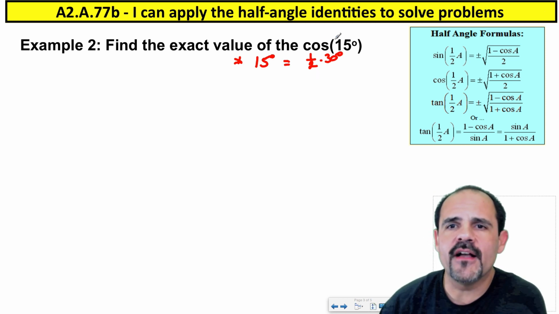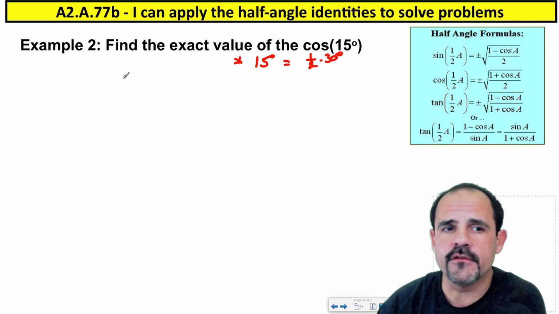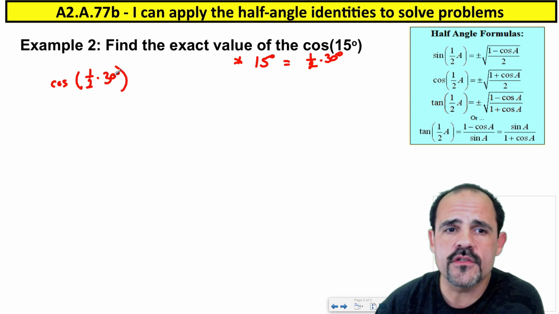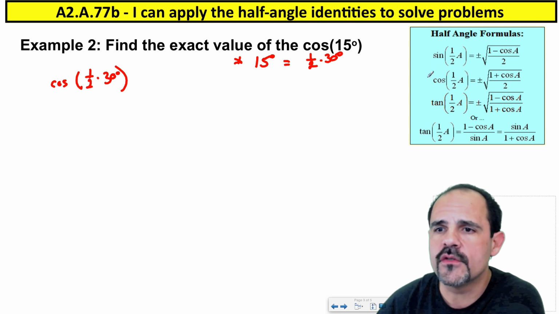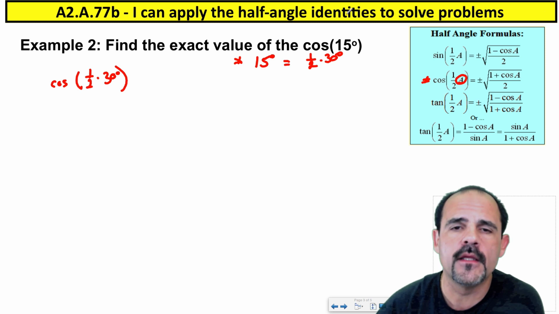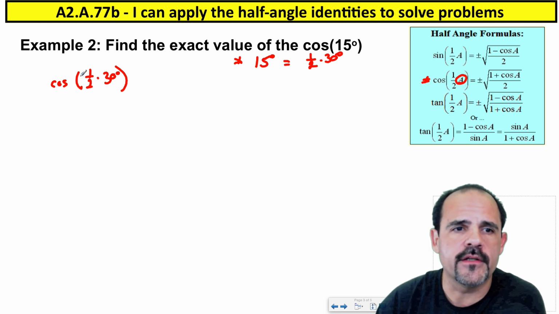So now instead of evaluating the cosine of 15 degrees, we can rewrite that as the cosine of 1/2 of 30 degrees. Those are the same thing, aren't they? 15 is 1/2 of 30. But now I can use this puppy right here with A being equal to 30 degrees. So the cosine of 15 degrees is the same thing as the cosine of 1/2 times 30.